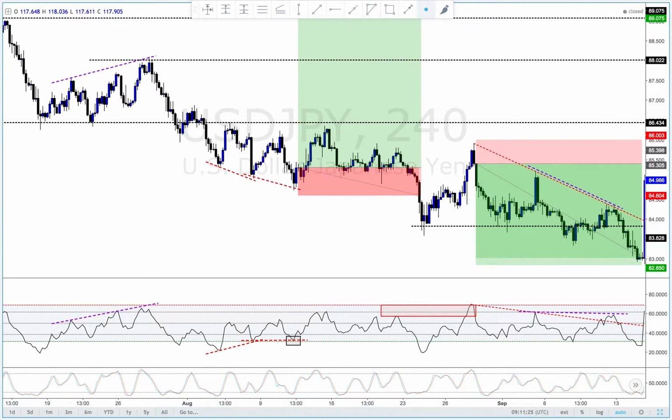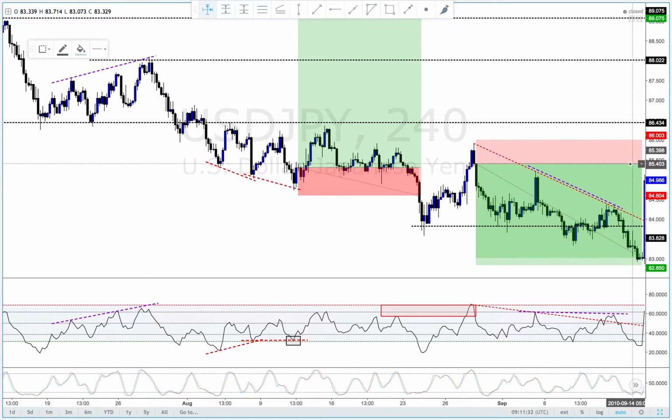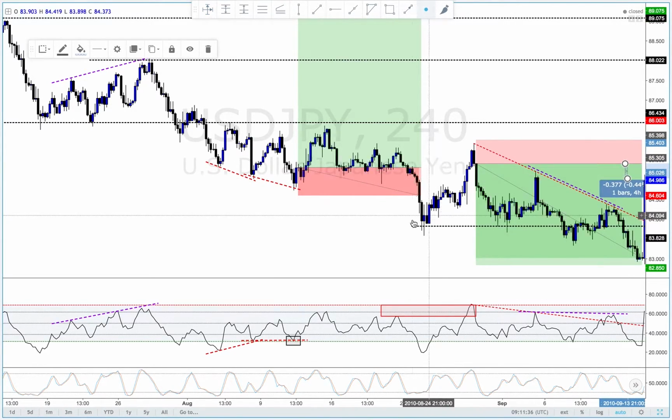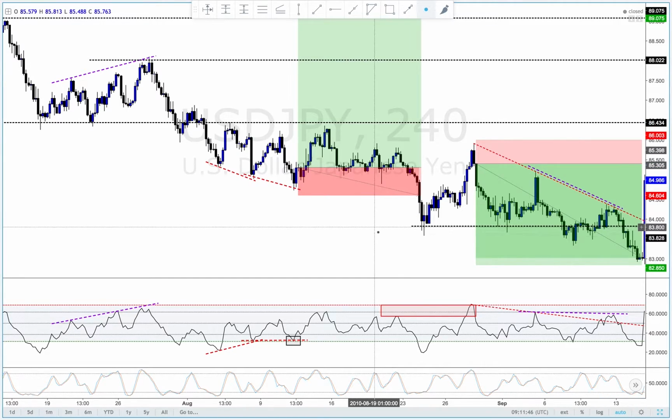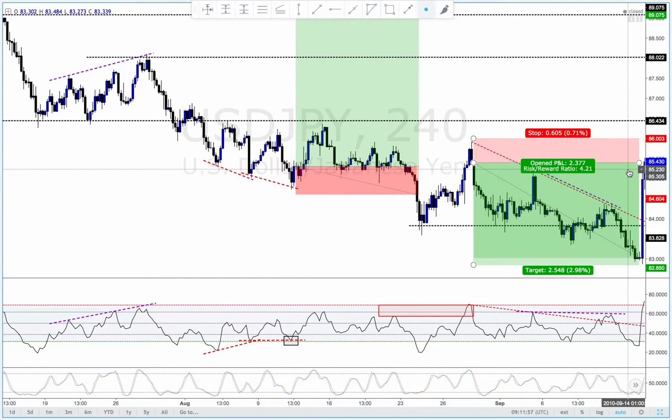Scroll forward. Big bullish candle. We are now down to 37 pips of profit. Do we stay in the trade? Yes, we do. We haven't been stopped out yet. Scroll forward, and we're stopped out in profit.